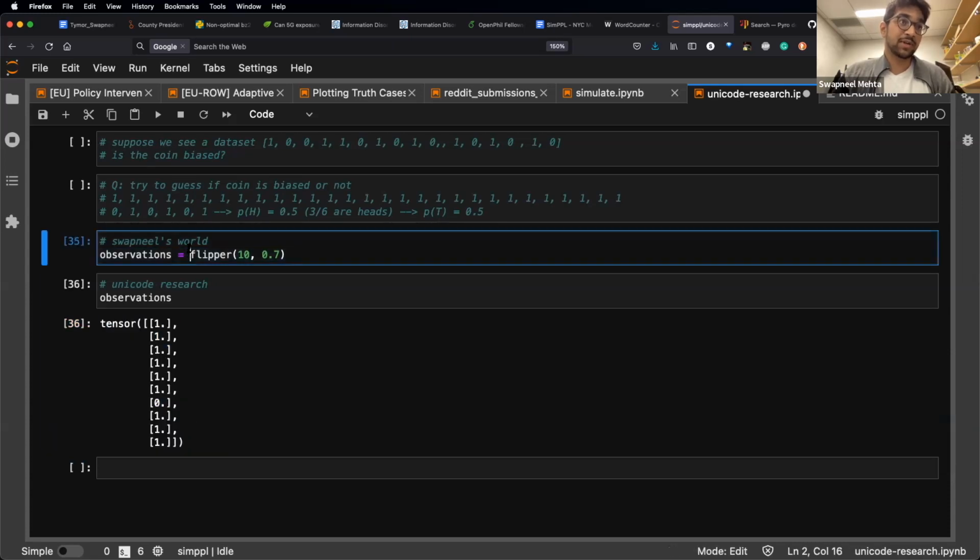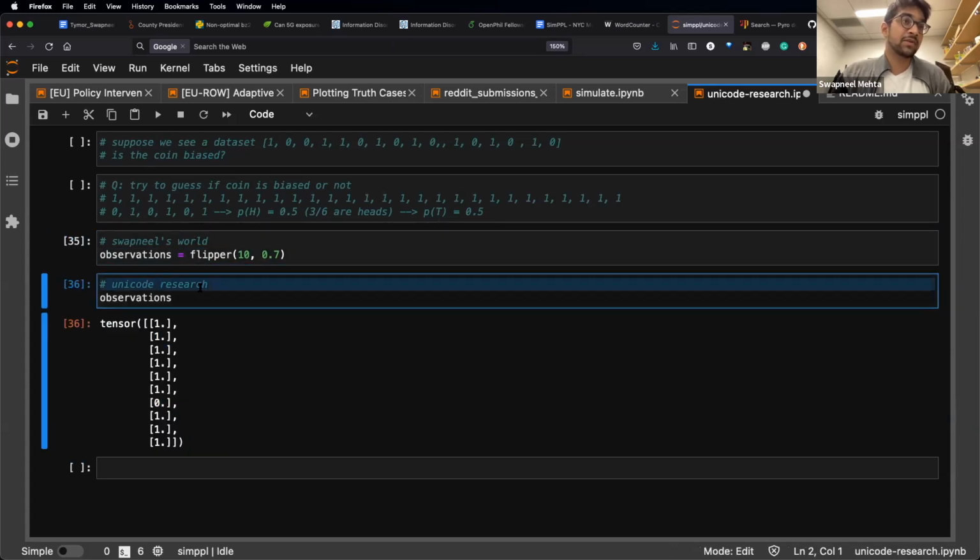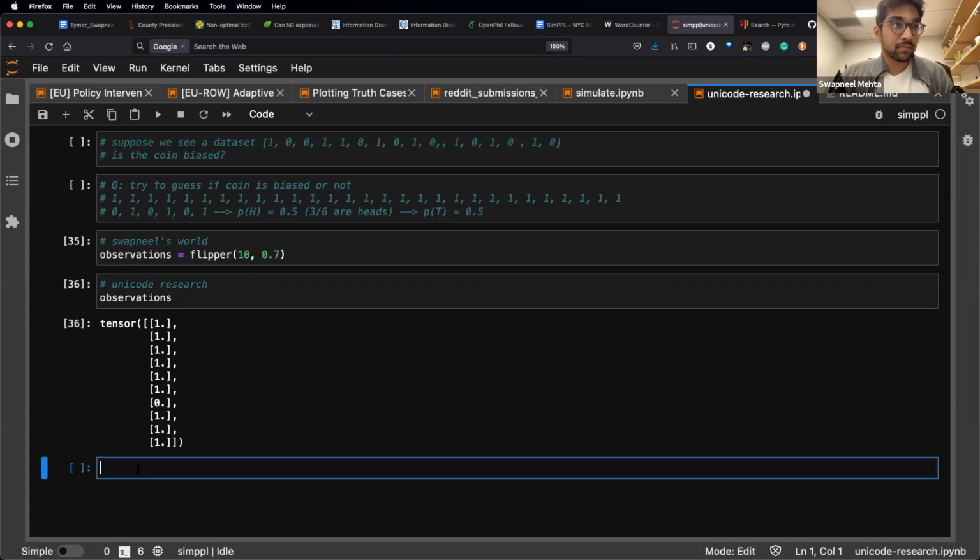Now Swapneel knows what his world is, and Swapneel is saying, Unicode, can you actually recover this world for me? Can you tell me what my world is like? And the best thing Unicode Research can do is, okay, let's build a certain model that could have produced this data. And because Unicode Research knows nothing else about the data, they have to start with the assumption that the coin is probably unbiased, and then recover what the true bias might be, or if the coin is truly unbiased, then recover that.